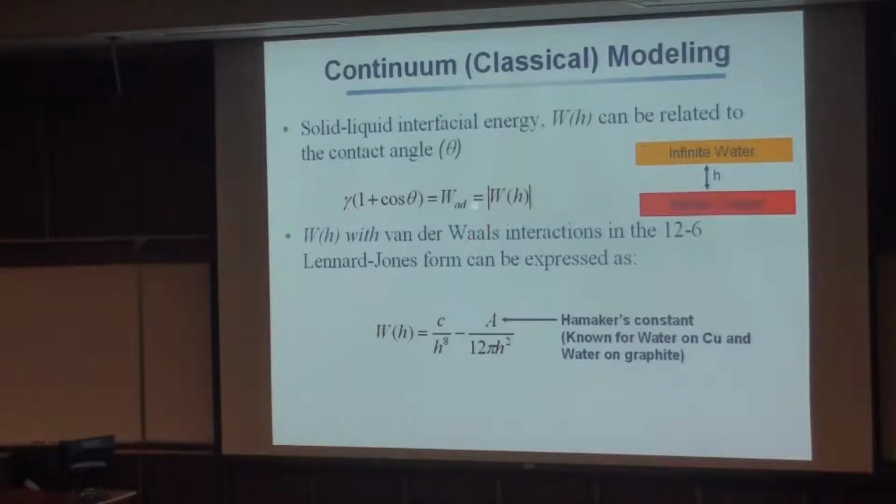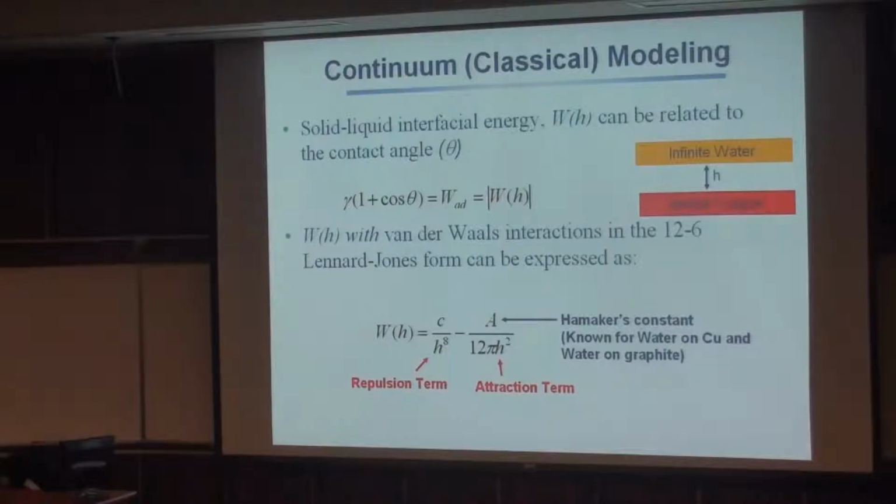And if I know what this W is, I can find the contact angle theta. Now, assuming that there's no chemical bonding going on between water and copper, I can express this in this 12-6 form, where one term captures the binding of the surface, and if you bring them too close, obviously they're going to be thrown apart, right? So you have these two terms.